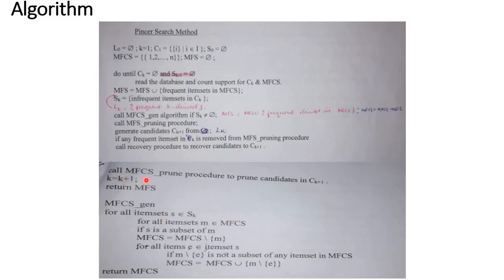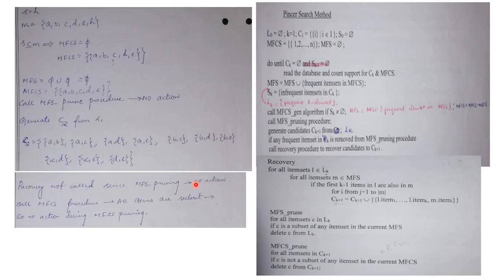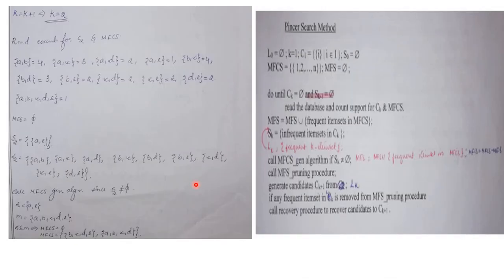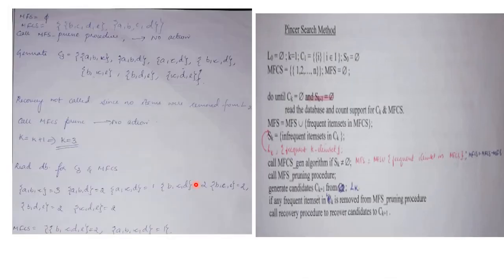After calling recovery, I have to call the MFCS prune procedure, in which I check whether all item sets that are present in C3 are also present in MFCS. I see that ABC is a part of this, ABD is a part of this, ACD is a part of this.